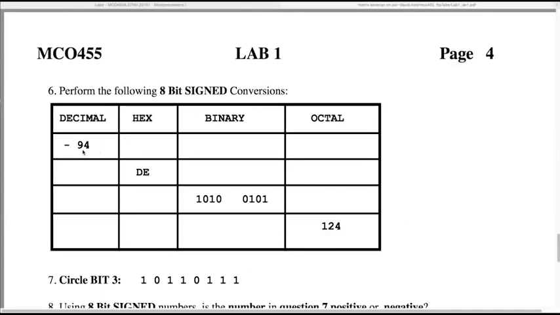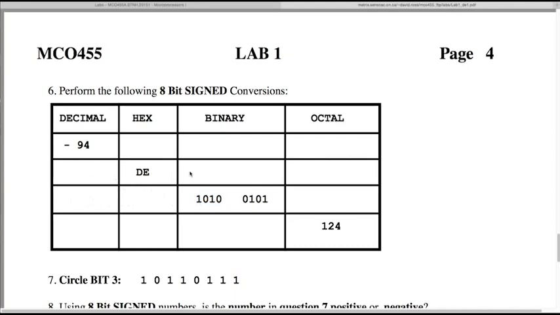Now notice, to get this one, we add 256, you convert that to hex like it was shown in the previous section, and you've got these three. DE, you do the conversion as before, 13 times 16 plus 14, and you subtract that from 256 and put the sign over here. Notice this tells you right away, with the most significant bit being 1, that the answer is going to be negative.